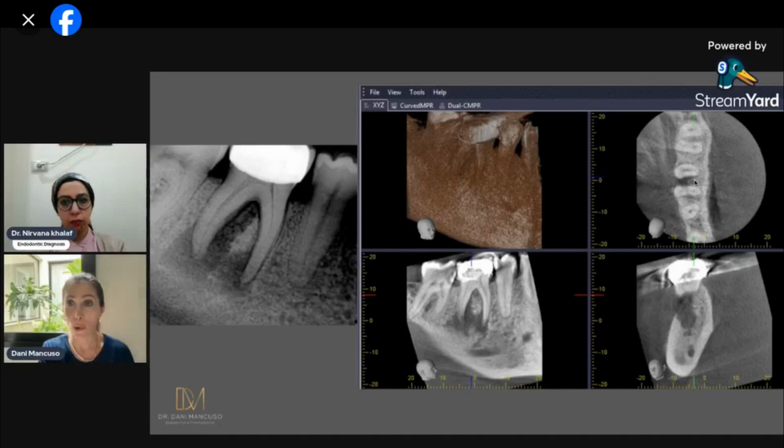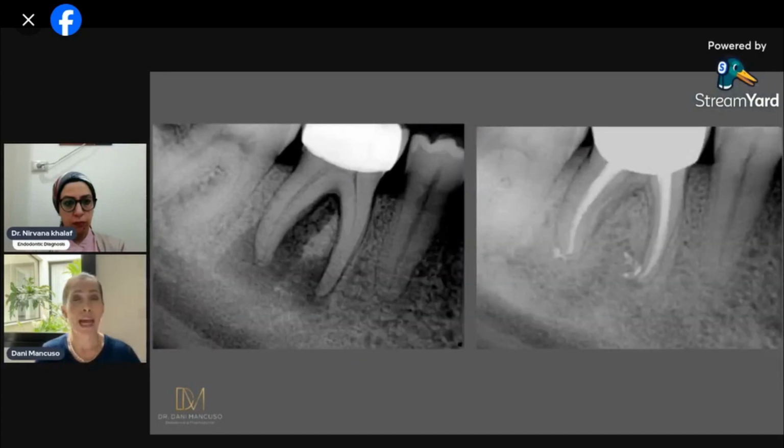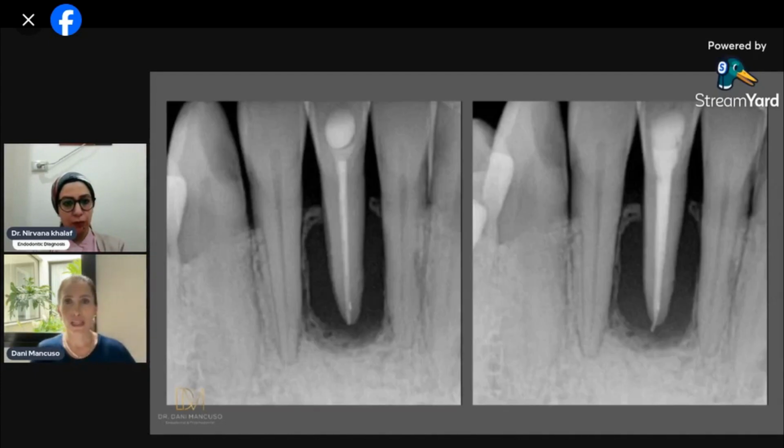Remember, we couldn't probe. And there is lots of scaffolding for the bone to grow if it's not cracked. So in that scenario, I said to the patient, shall we just treat it? I think there is a good chance this tooth is going to heal. And it did. And most of the time, when you see that radiolucency going up that way, it is because there is a lateral canal. What about this one?